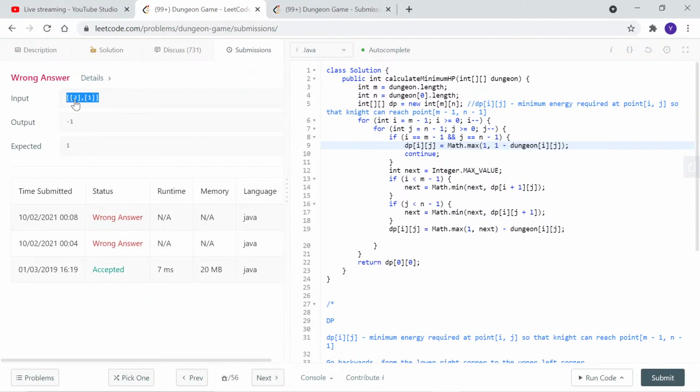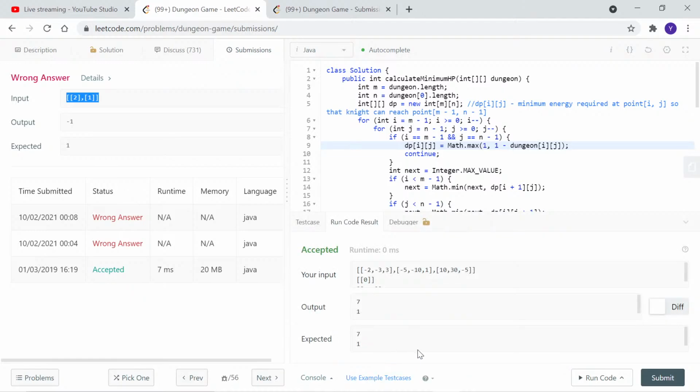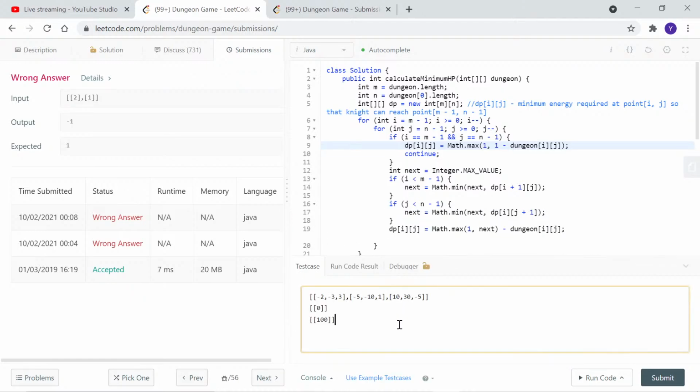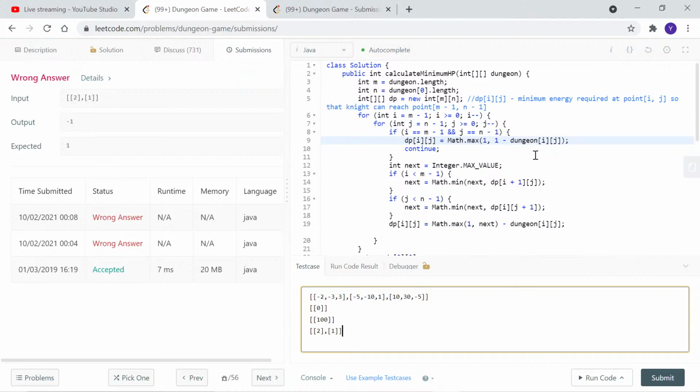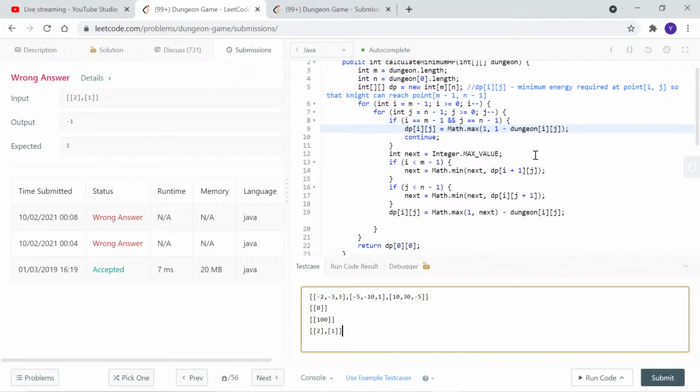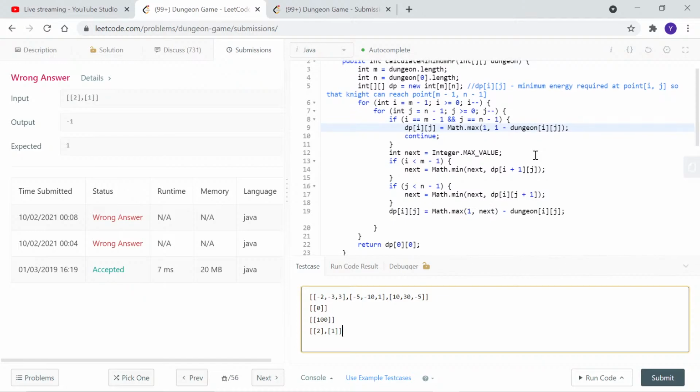Again, the output is negative 1. Expected is 1.